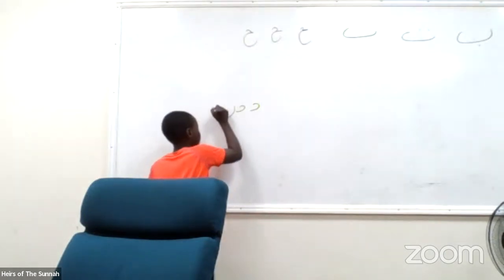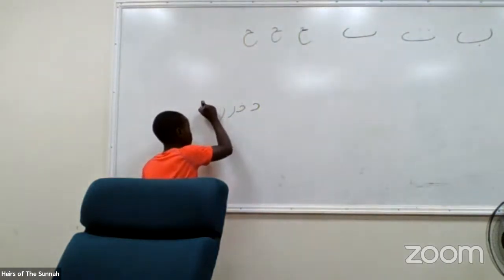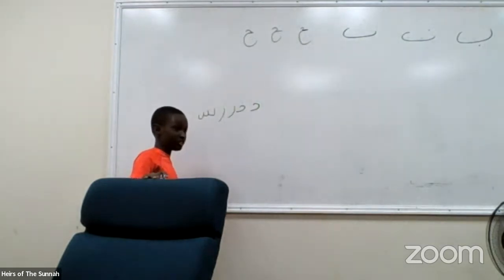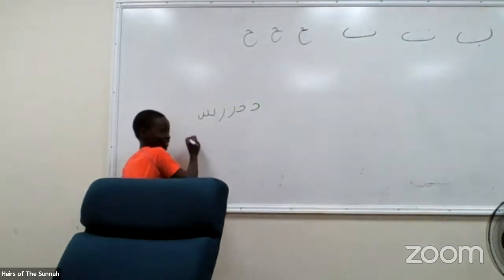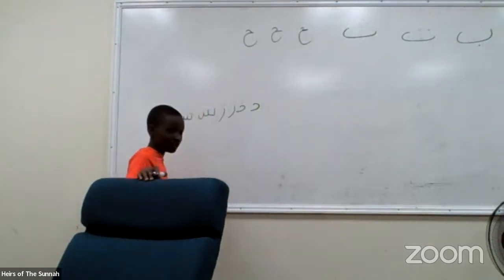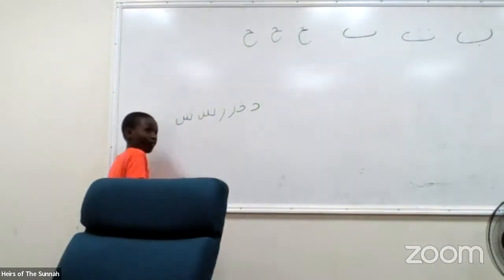Then after za, it's seen, and the sound that it makes is s. And then after it's sheen. The sound that it makes is sh. Oh, there you go.